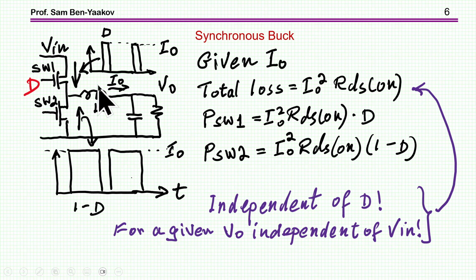So the total loss, as we have said, is the output current, which is the inductor current, squared times RDS(on), and then the loss is distributed between the two switches.